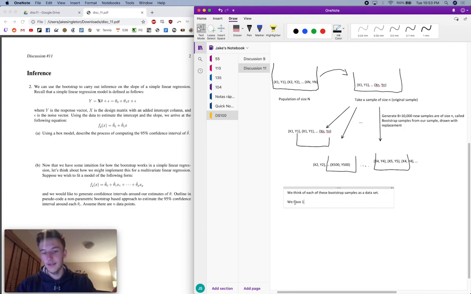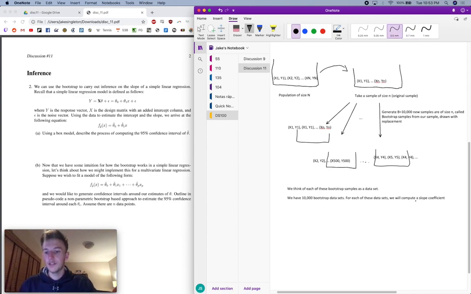So remember, we have 10,000 bootstrap data sets now, and for each of these we will compute a slope coefficient. I'll just draw it because I can't really write LaTeX here. We want our slope coefficient theta 1, and we'll say theta 1 b.